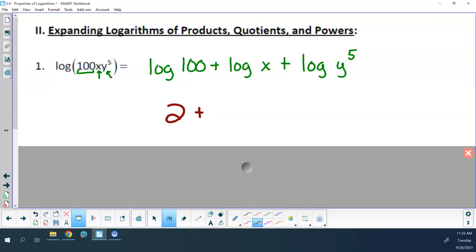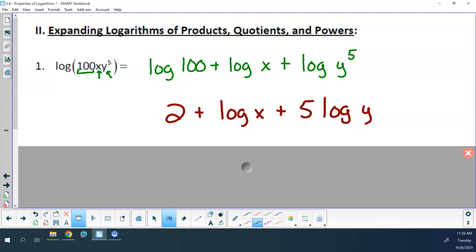Log of x is just log of x. I can't do anything with it. Log of y to the 5th power, I can use the power property, and I can say that that is 5 logs of y. What exponent, because log without a base is base 10?